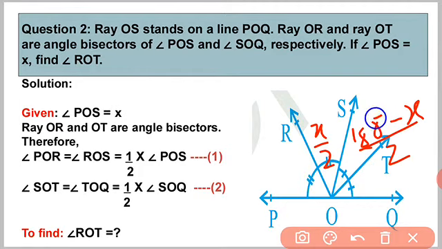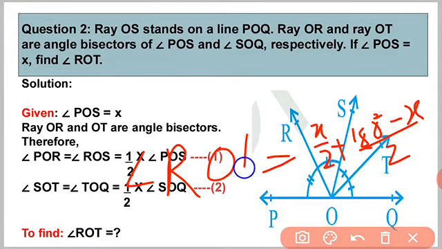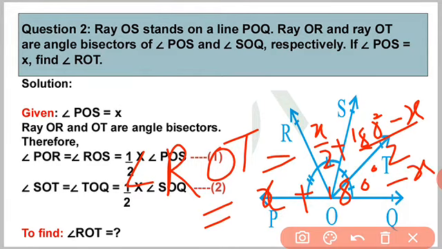When I add these two angles, I will get angle ROT: x by 2 plus (180 degrees minus x) by 2.